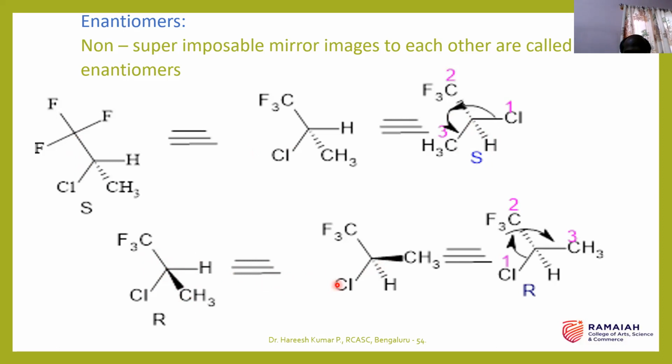Okay, so that means Cl should go over here, H should come over here, CH3 should come over here. So that means CH3 should be here, Cl should be here, and then H should be here. Cl is 1, so that means you are getting an S configuration itself. So this is not the one.